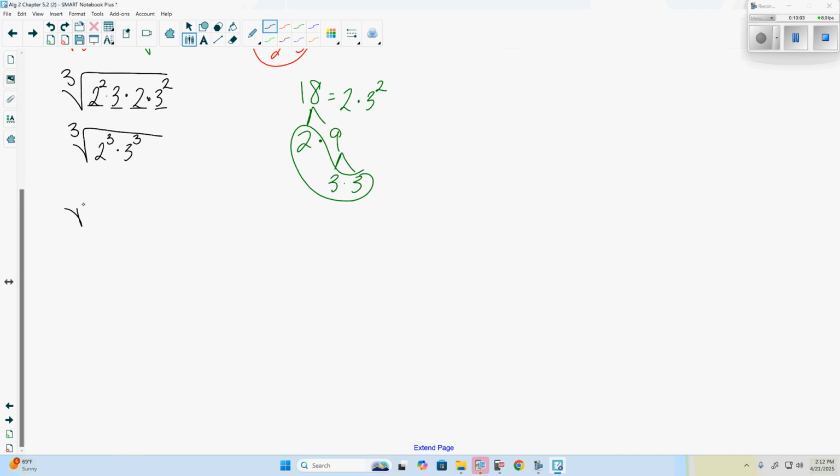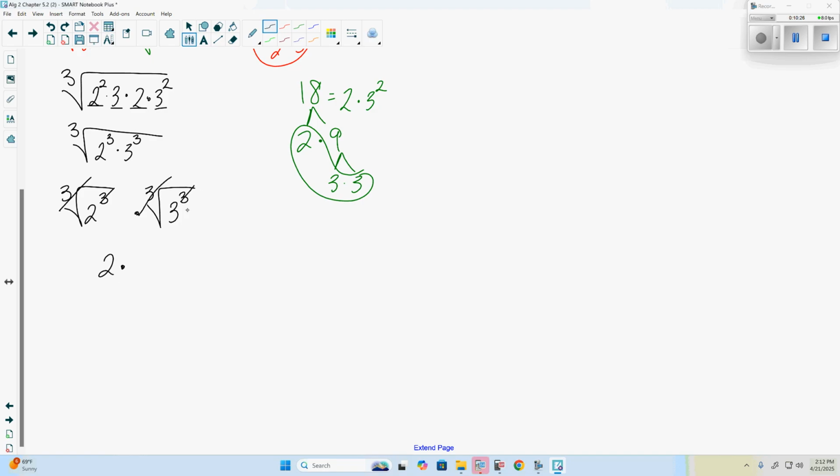Now, we don't have to do this, but I'm going to go on and do this step. Just like we put them together, I can pull them back apart. Because it's the same as saying the cubed root of 2 cubed times the cubed root of 3 cubed. Well, the cubed root of 2 cubed is 2.